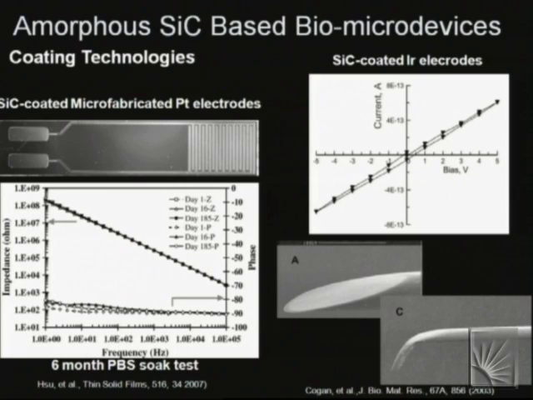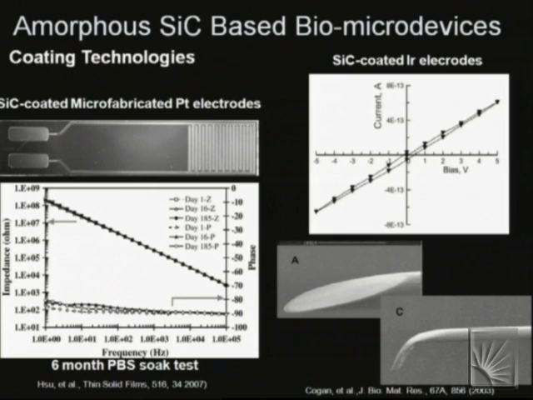The test structures are microfabricated interdigitated electrode arrays like the one shown here, and he's also interested in making long-term implants, and so lots of experiments are conducted over long-term periods. In this particular example, the experimental trial ran for 185 days, and he's interested in looking at impedance changes as a function of exposure to biological fluids.